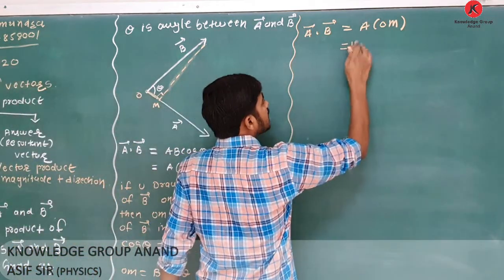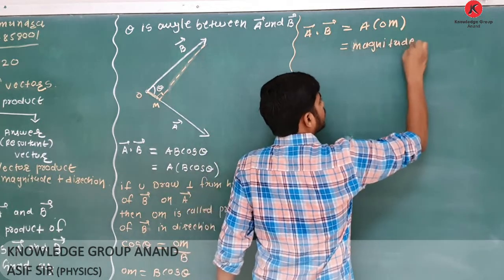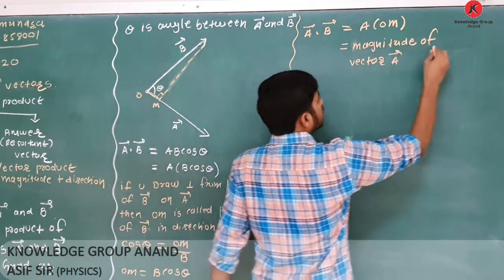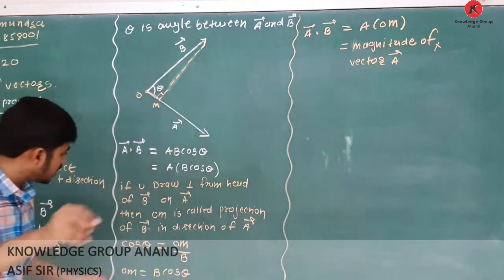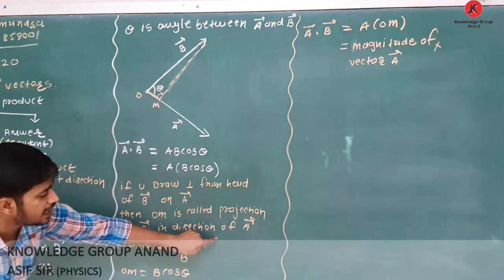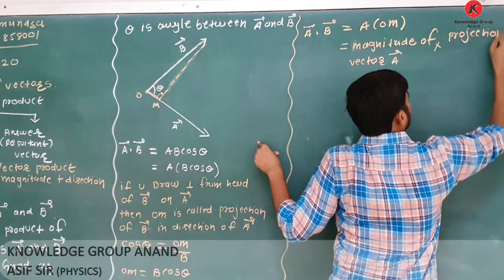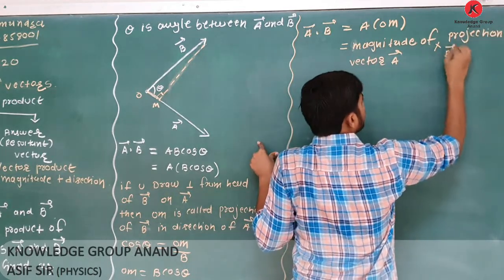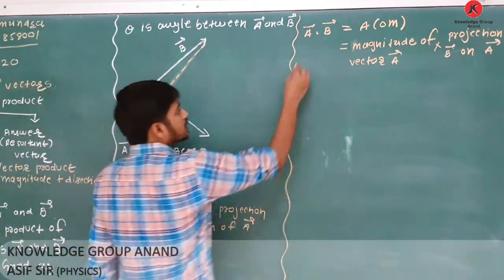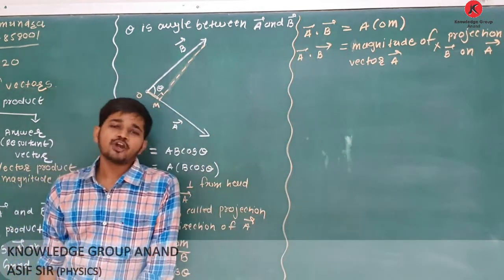It is the magnitude of vector A, into what is OM? OM is called the projection of vector B in direction of A. So I can write OM is the projection of vector B on vector A. So yes, it is another definition of dot product.